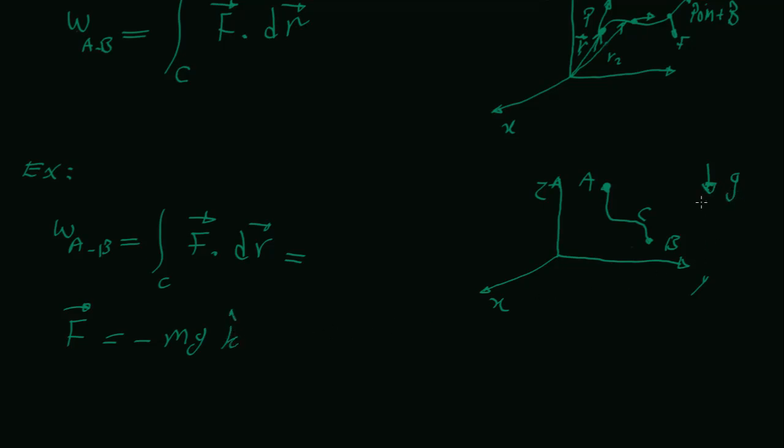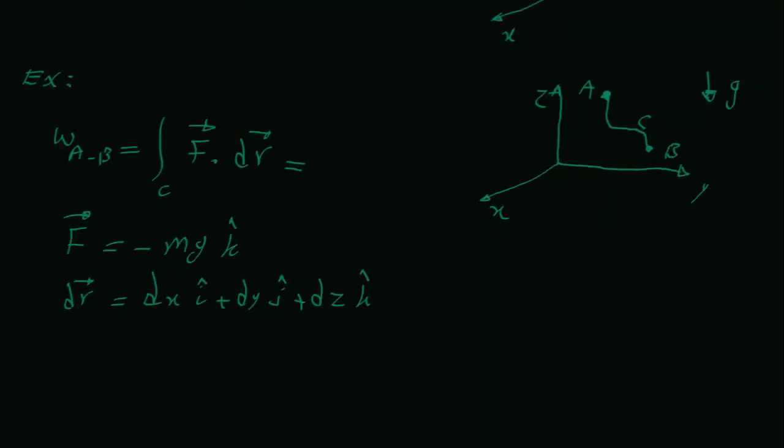Because this is the gravity direction, the force of gravity is going to be downward. This is the positive z direction, so F is minus mg in the k direction. And what is dr? dr is in general dx i plus dy j plus dz k.